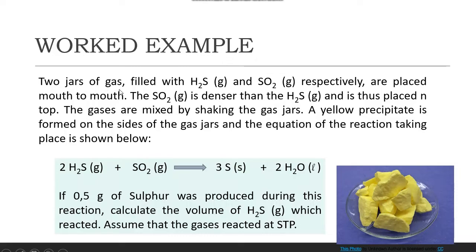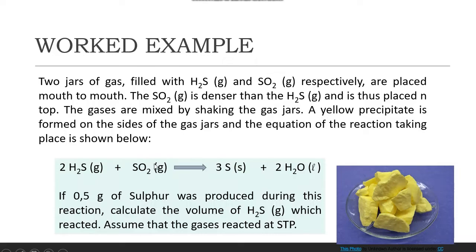We have 2 jars of gas, one filled with hydrogen sulfide and the other with sulfur dioxide gas. They are placed mouth to mouth on top of one another in cylinders. The sulfur dioxide gas is denser than the hydrogen sulfide gas, and so the sulfur dioxide is placed at the top so that it sinks, and the gases are then mixed.